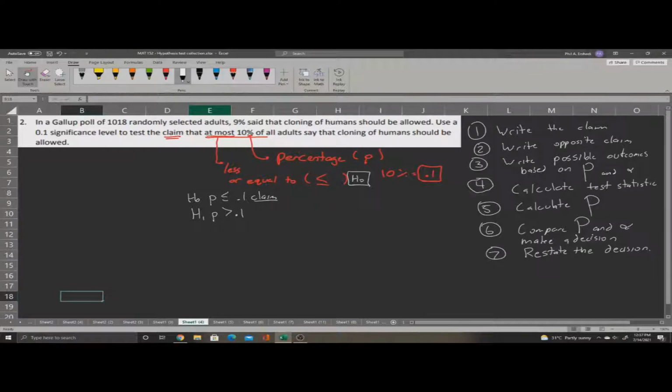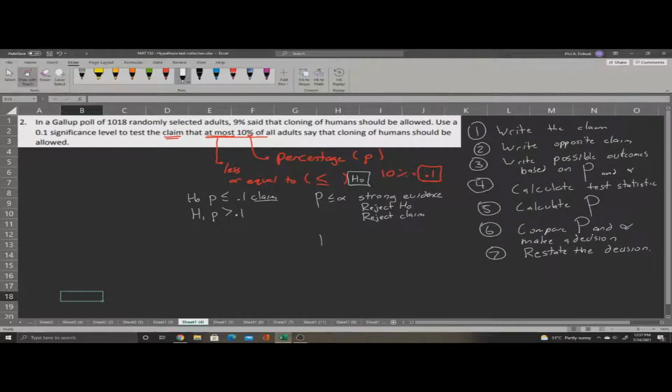Now let's think about our possible outcomes for step 3. So the first outcome is if big P is less than or equal to alpha, that means we have strong evidence. It means we could reject the null hypothesis. Imagine if we crossed out the null hypothesis, we would also be crossing the claim out with it. So, in this case, we would reject the claim in the event that big P is less than or equal to alpha.